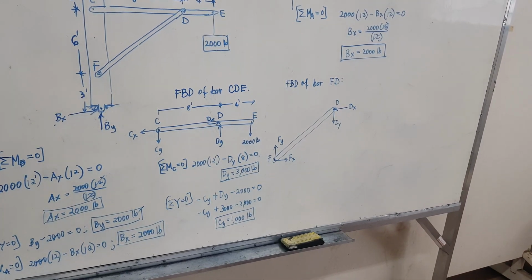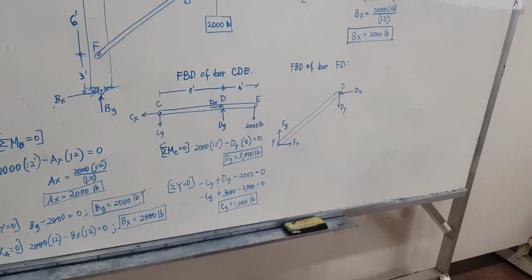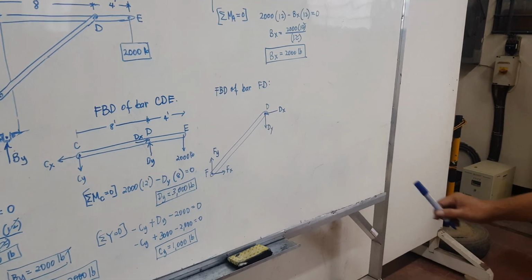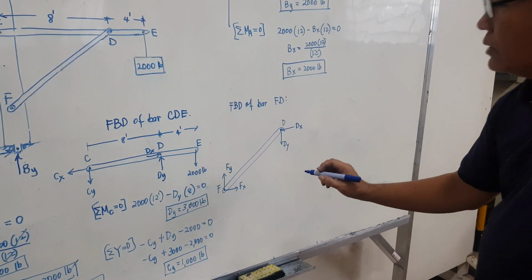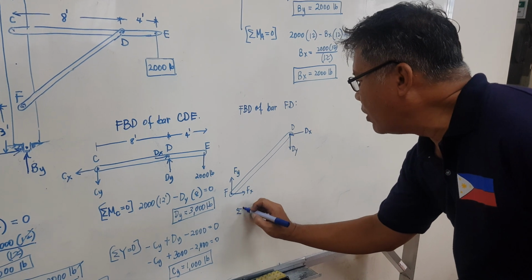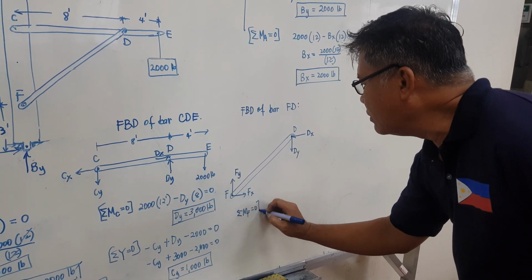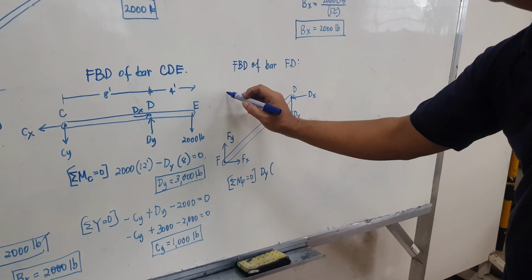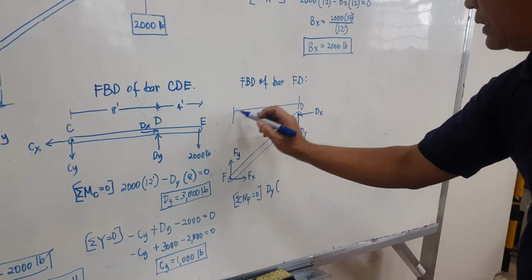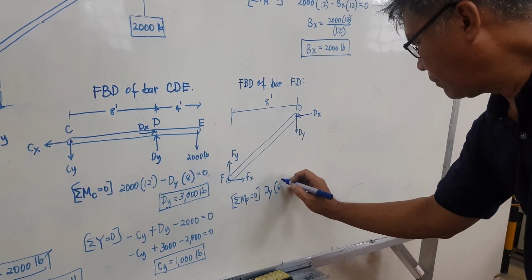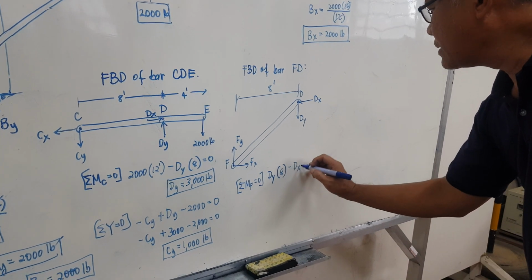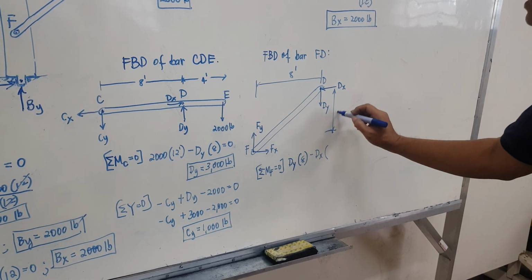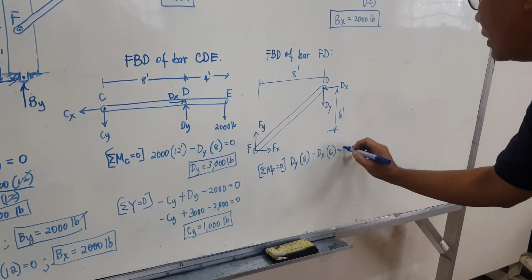So we are now going to solve for Dx, because Dy has a value. So to do that, we need to take summation moments at F equal to 0. So we have Dy times this distance, which is 8 feet, minus Dx with this distance equal to 6 feet is equal to 0.